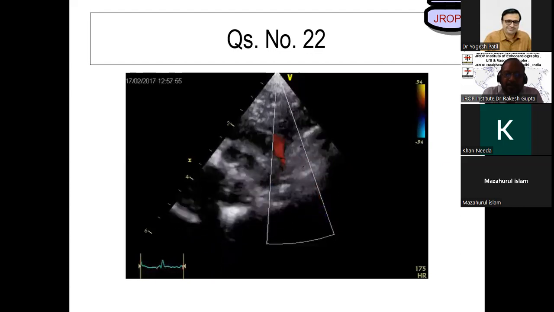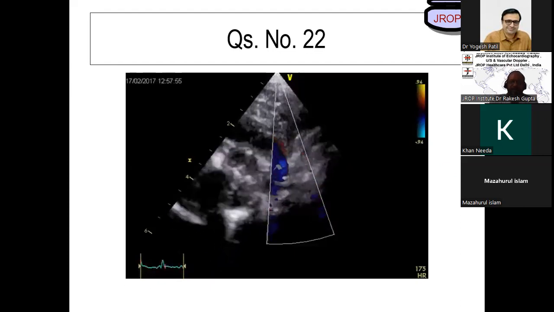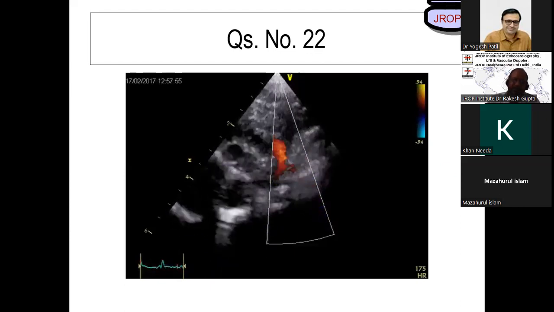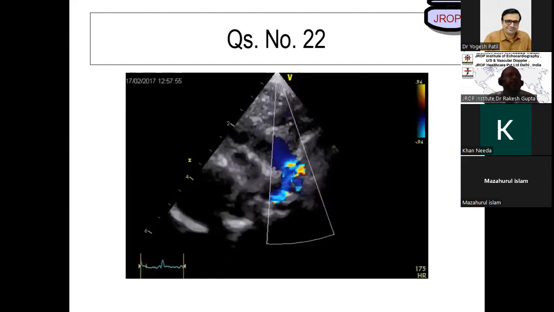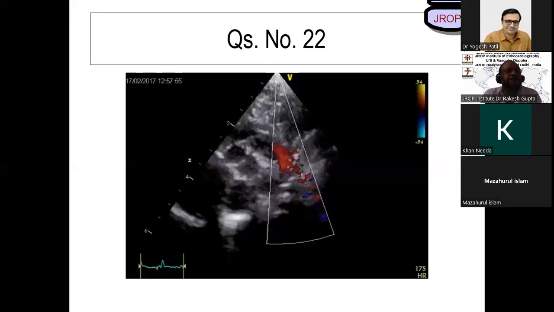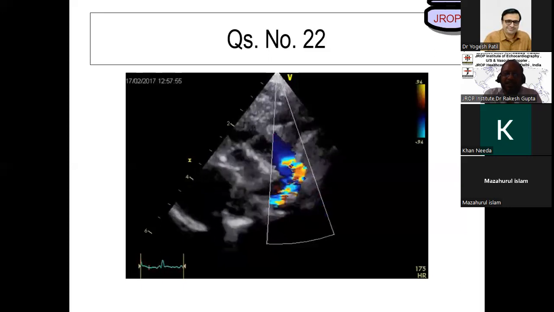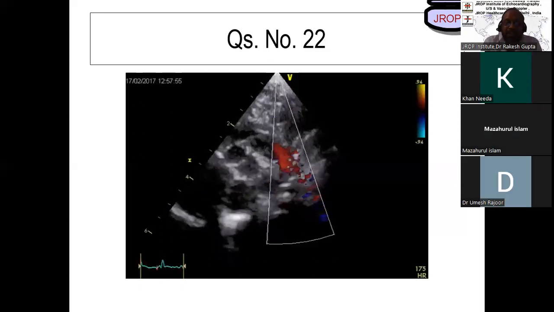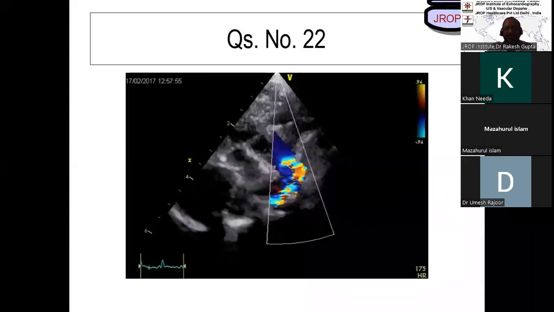Color on, one minute, sir. Yogesh, pulmonary artery stenosis? Sir, pulmonary artery stenosis. Correct. This is the correct answer. This is PS.